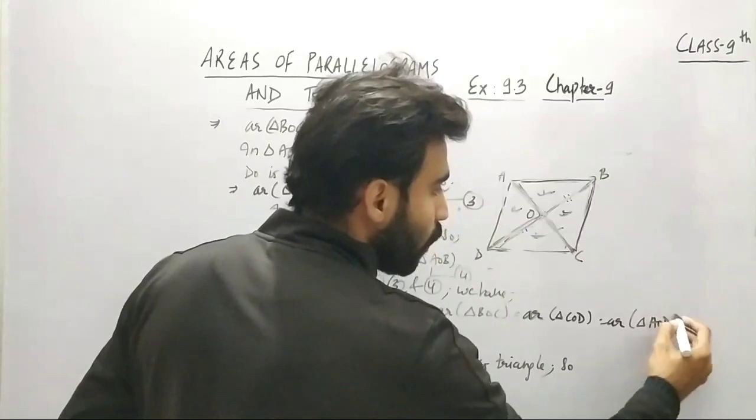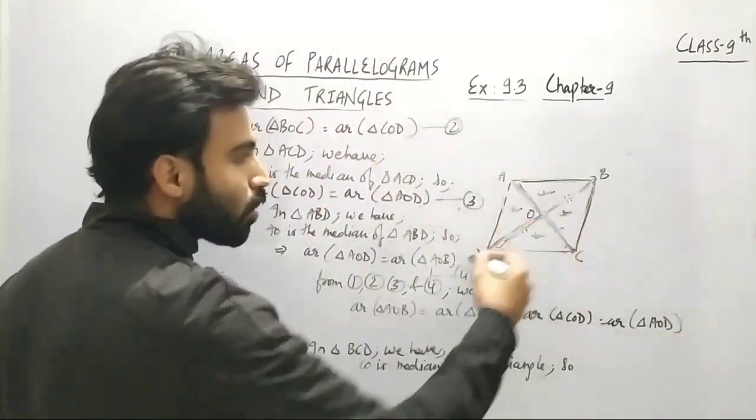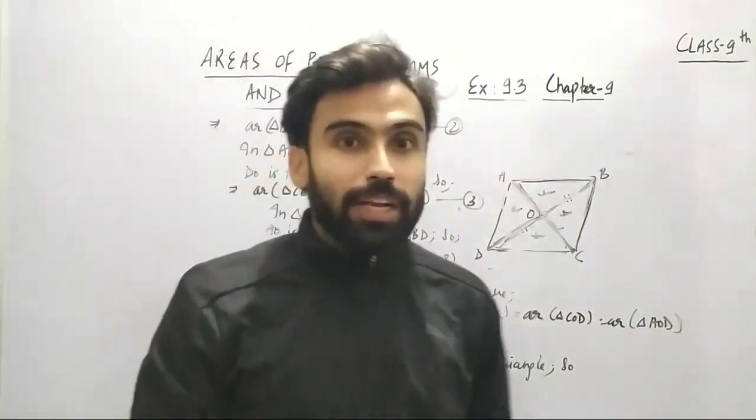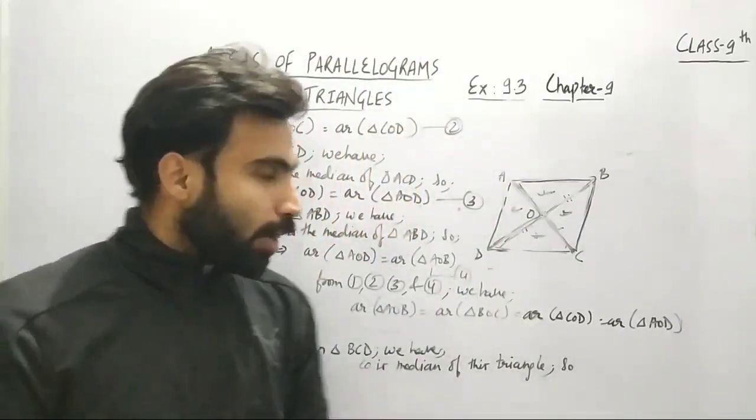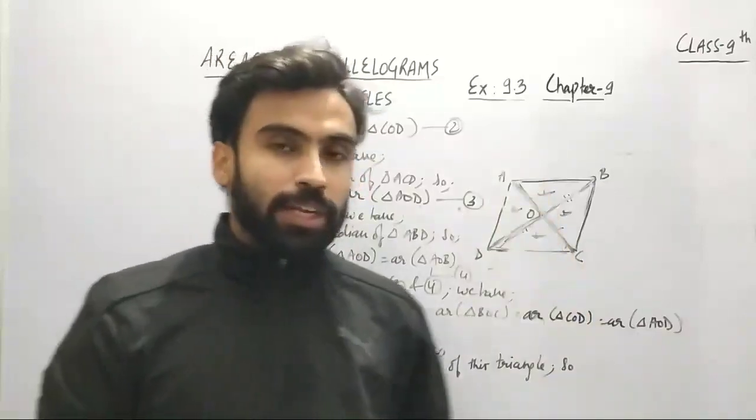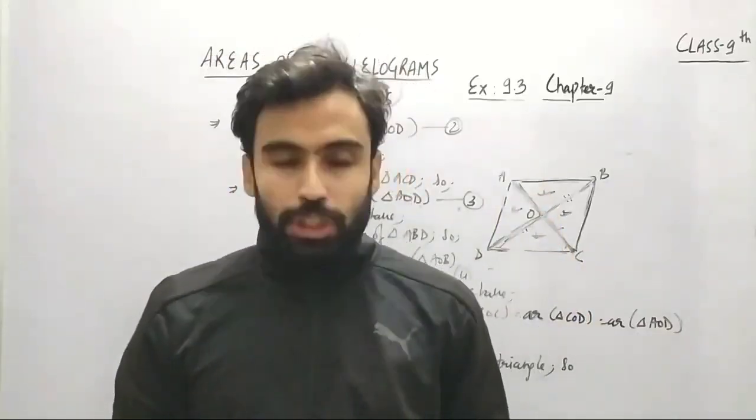And this is what we have to prove here, that the diagonals of a parallelogram divide it into 4 triangles of equal area, as you can see here, right? So remember the steps that I've taken, and that's how you can prove such type of questions.